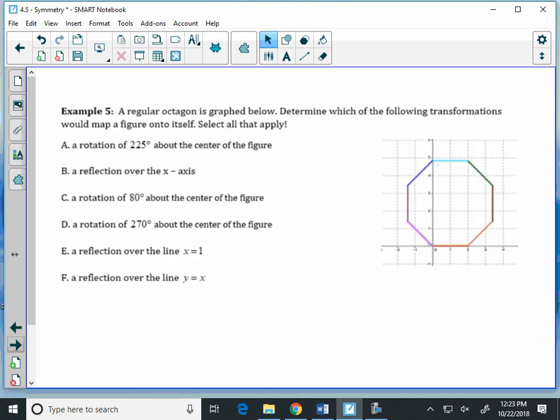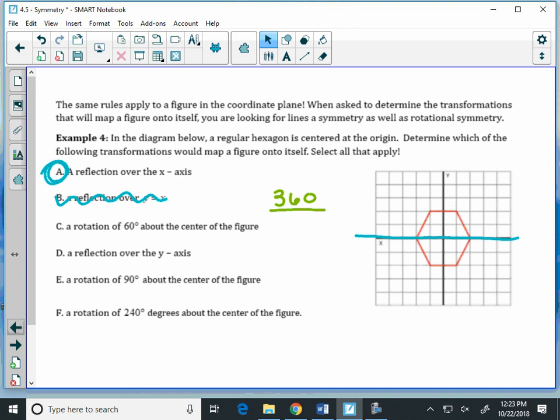Okay. Here we have a regular hexagon. How many sides does a hexagon have? So what do you think the order is going to be? 6. So when you have regular figures, the order is however many sides there are. Same with the line of symmetry. However many sides there are, that's how many lines of symmetry it will have, or lines of reflection. Well, what's 360 divided by 6?